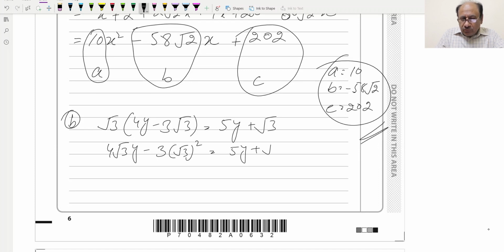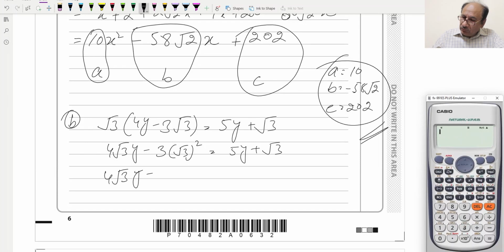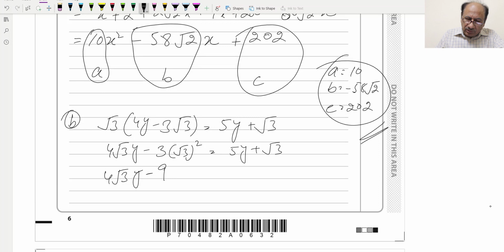5y plus root 3, and this one will be resulting to what? Minus, we can take this, so (3 root 3) squared will be basically 3 into 3, which is 9, so we can write 9 directly, mentally we can calculate.